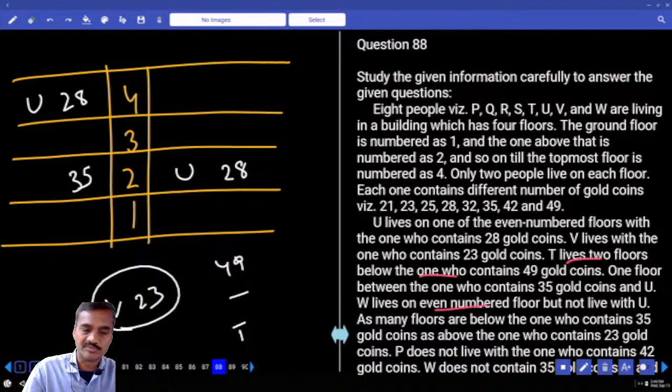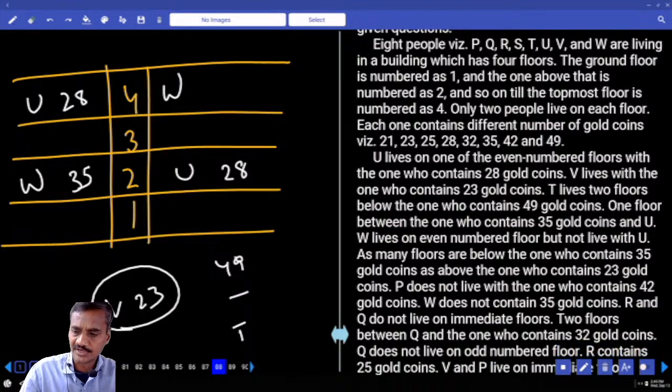W lives on an even numbered floor but not with U, hence W must be here. The next one: there is 1 floor between 35 and U. W lives on as many floors below 35 as above 23. Below 35, 1, above 23, 1.